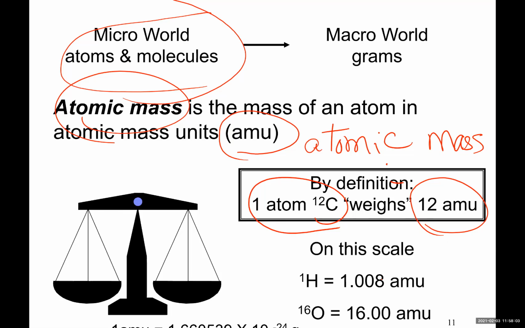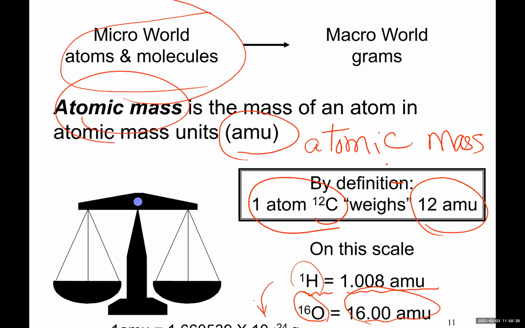If you use this scale, a hydrogen-1 atom is 1.008 atomic mass unit, almost 1 atomic mass unit. One oxygen-16 atom is 16.00 atomic mass unit. I have a number which is explaining atomic mass unit.